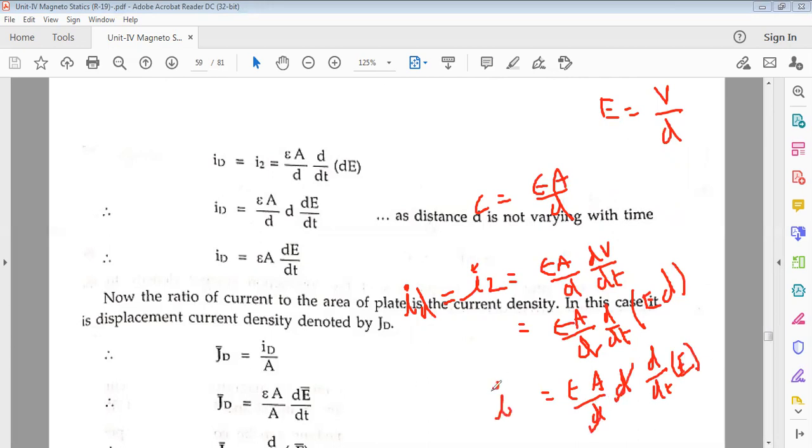So the displacement current ID is equal to epsilon A d by dt of E.